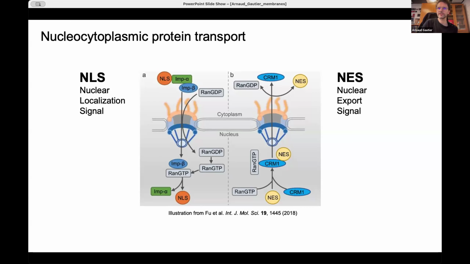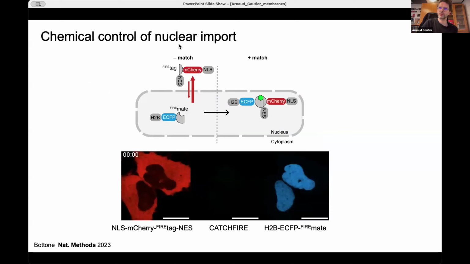So in the interest of time, I will just show you one example where we control the nuclear import. And to do this, we first fused a cytosolic protein, M-cherry, to both a nuclear export signal and a nuclear localization signal and to a fire tag. And when you have the two signals together, NES and NLS, the protein is mainly localized in the cytosol.